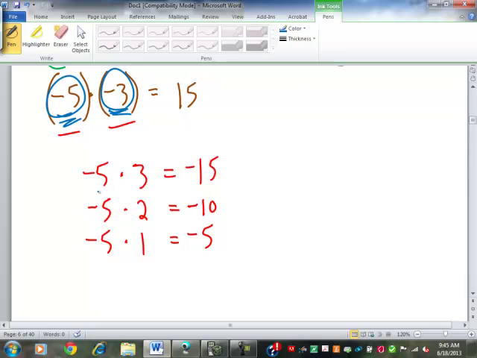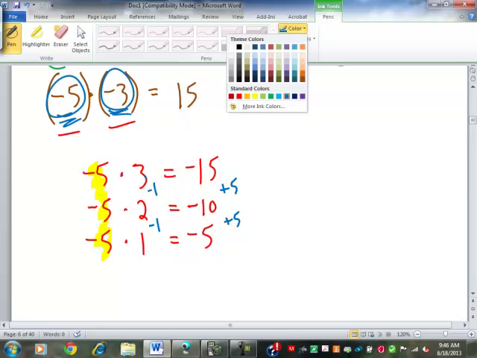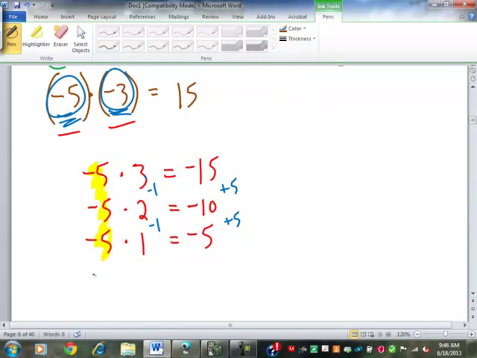Here is if we were starting with negative 5 every time, when we decreased what we multiplied by 1. In other words, when we went from 3 down to 2, our answer became larger by 5. It went from negative 15 up to a negative 10. If we went from 2 down to 1, our answer got larger by 5 again, from negative 10 up to negative 5. Well, let's see if that pattern continues.